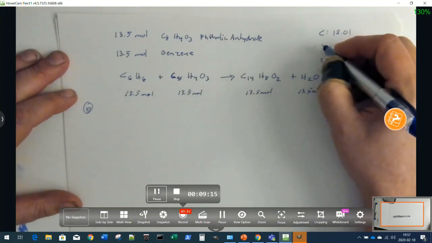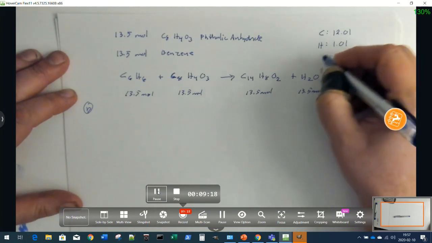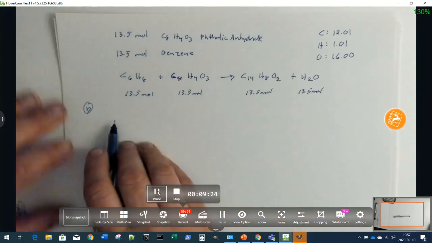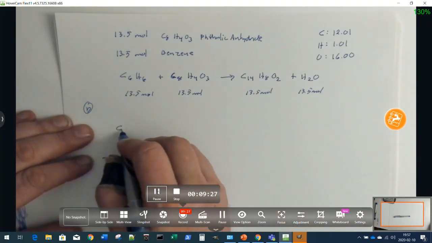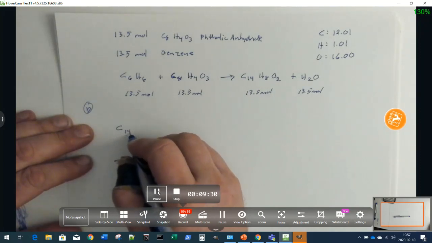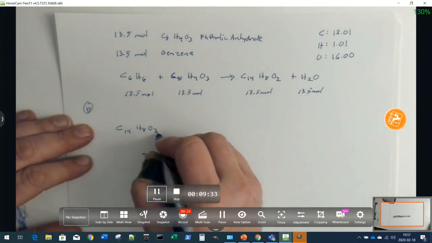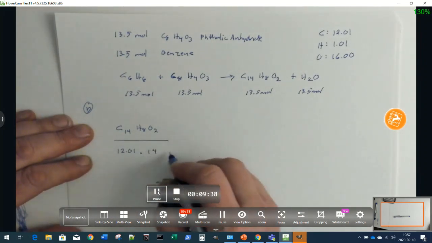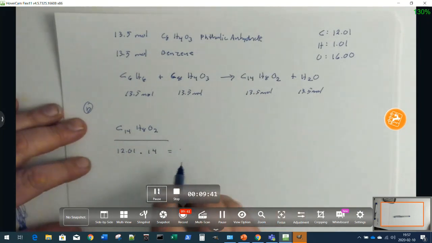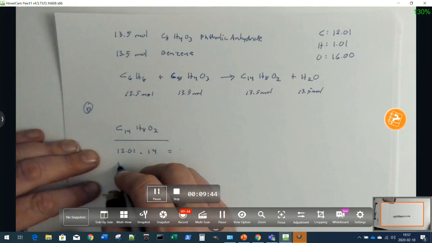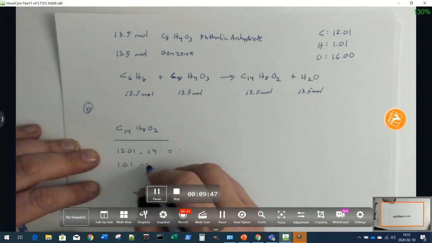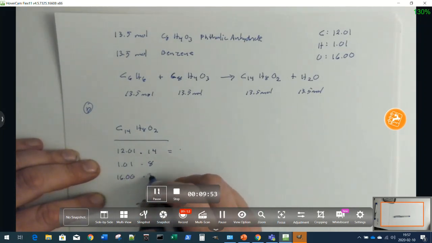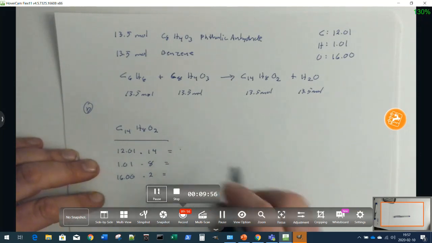And we should just be able to calculate that using our molar masses. Let's remind ourselves, carbon is 12.01, hydrogen is 1.01, and oxygen is 16.00. So, if we just do the calculations then for the anthraquinone, C14H8O2, we find the molar mass: 12.01 times 14, then 1.01 times 8, and then 16.00 times 2.